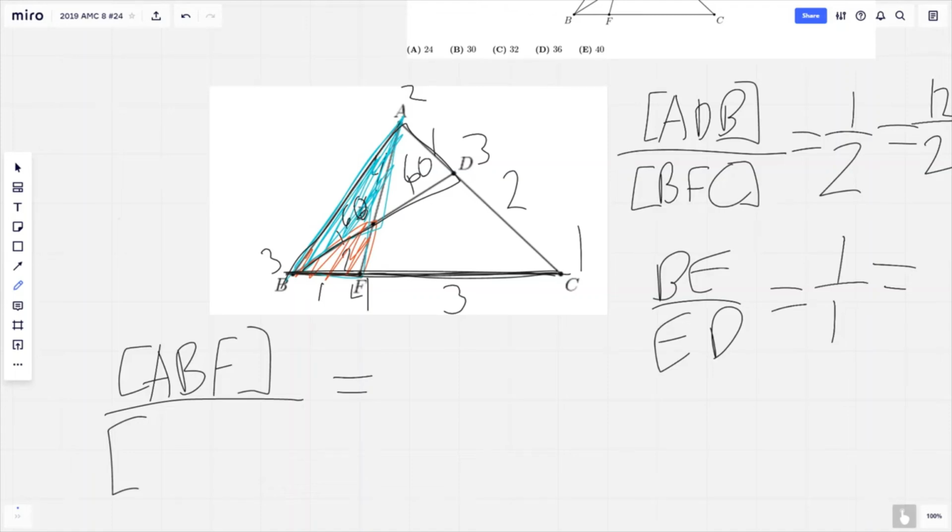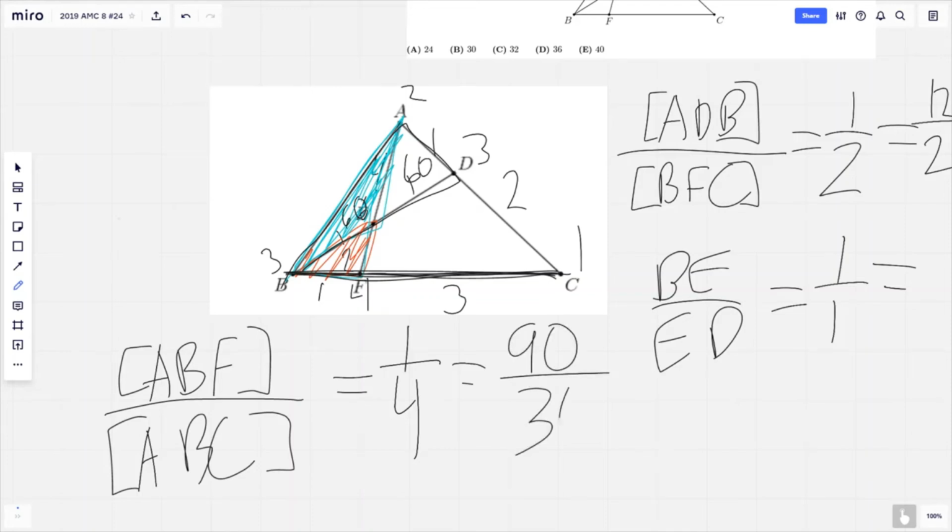So ABF over ABC, the ratio of those two areas, is 1 to 4. And that's exactly the reason why we compared it to BC rather than FC, is because ABC is an entire triangle. So that means the ratio must be 90 to 360.